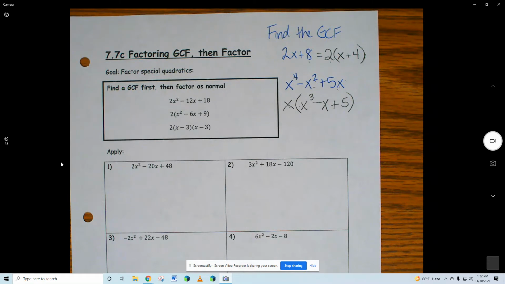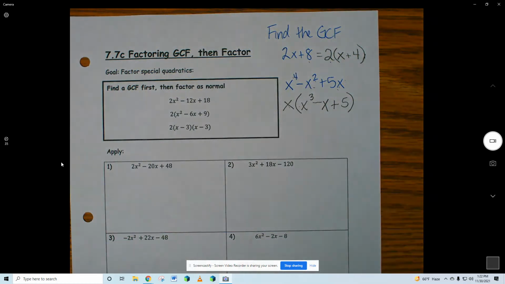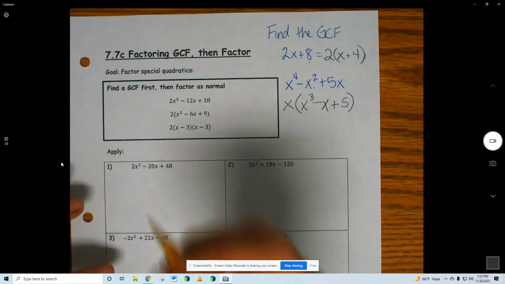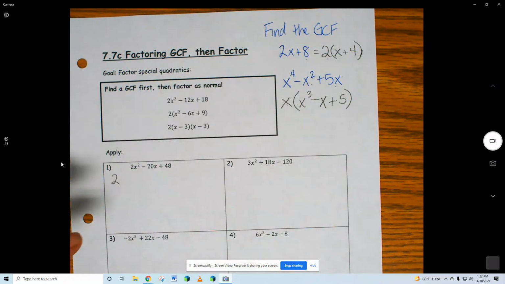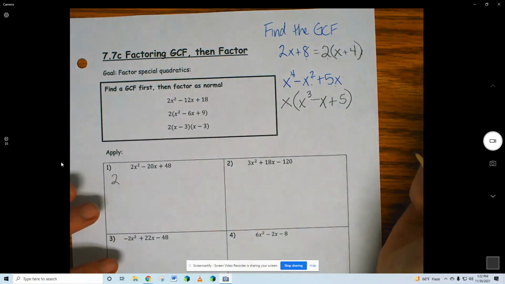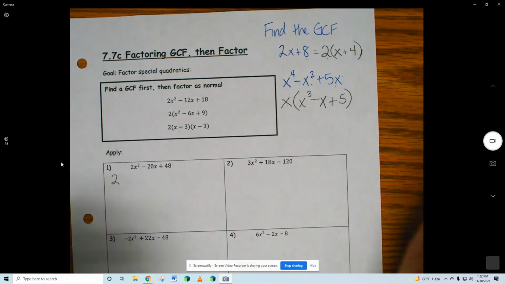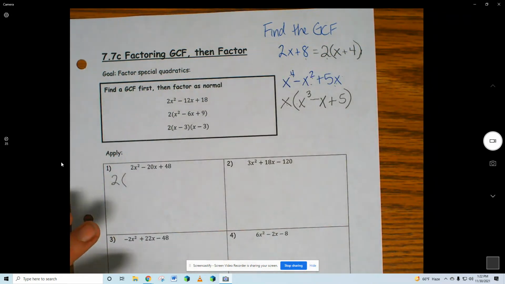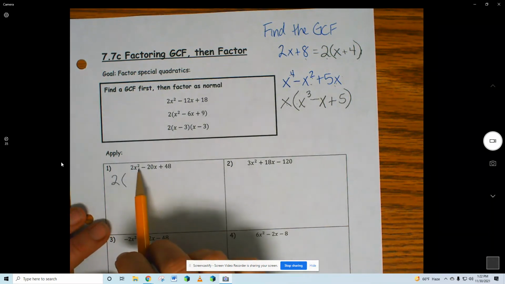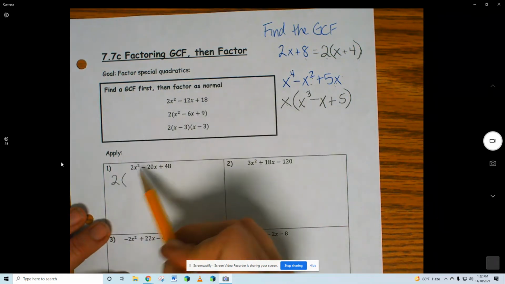Okay, on number 1, what is a number or a variable you see in common? 2? Okay, 2 is correct. That is the biggest number I could choose. So, what's left? 2x squared divided by 2.